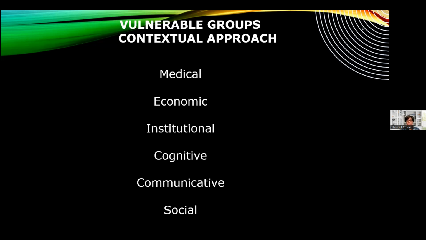Now, the person who is deaf or hard of hearing may not have a cognitive vulnerability, just a communicative one. So we have to be careful about assuming that just because they're deaf or hard of hearing, they're not going to be able to understand the research. The same thing goes with a person with a language barrier. This can be both a cognitive or communicative, but in some instances, it's only the communicative barrier. And once we get past that, the person is able to participate if they choose to.